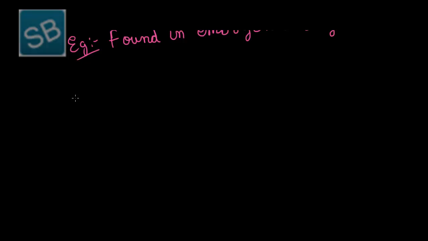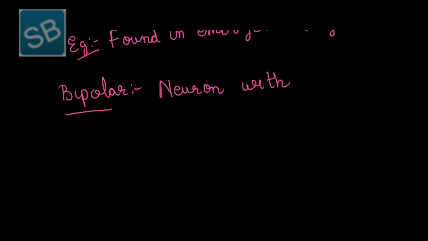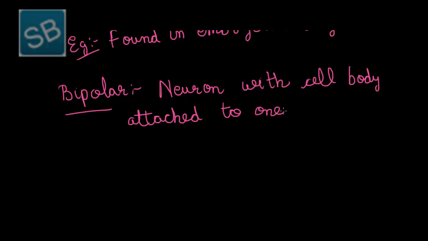The second type of neuron, the bipolar neuron, is a neuron with the cell body attached to one axon and one dendrite.